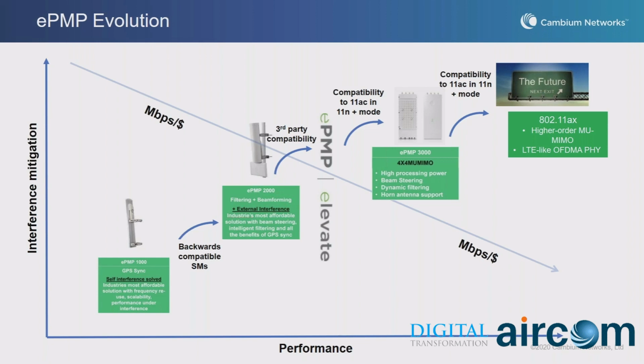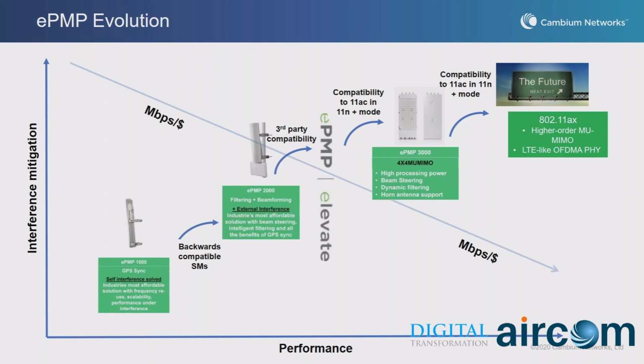So in summary, ePMP 2000 came with two additional features: beamforming done by the smart antenna, and also external interference handling, which was done by a very precise filter that was introduced. So having solved the interference problem with ePMP 2000, it was then time to go on the speed lane. So that gave birth to ePMP 3000.